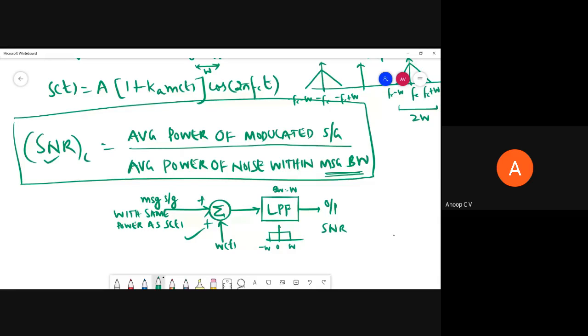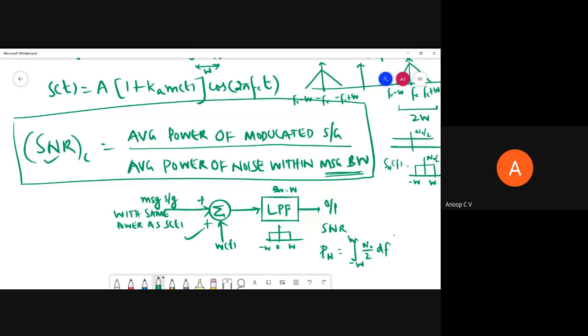So what will be the noise output in this case? The noise has a spectral density of N0 by 2 for all values. So S n of f in this case will be N0 by 2 from minus W to W. The noise power Pn will be the integral from minus W to W of N0 by 2 df.